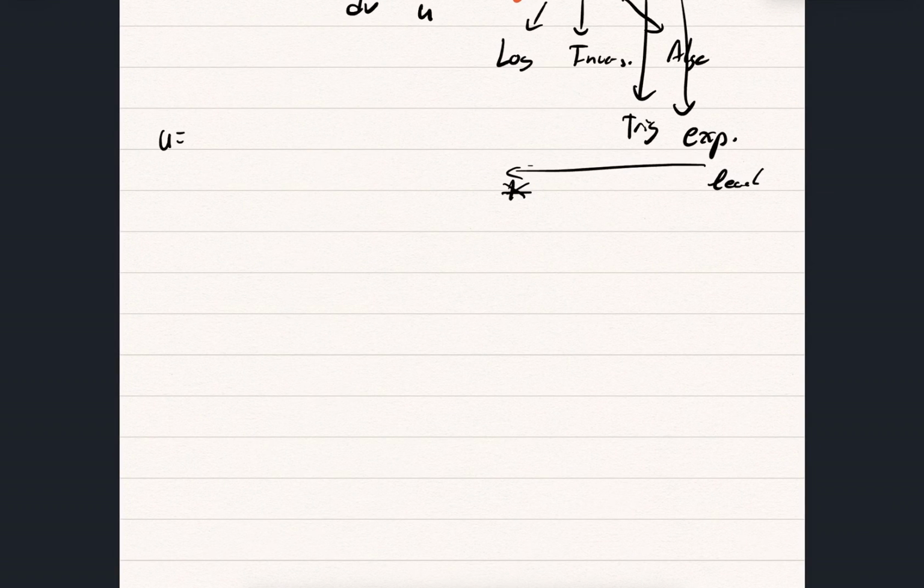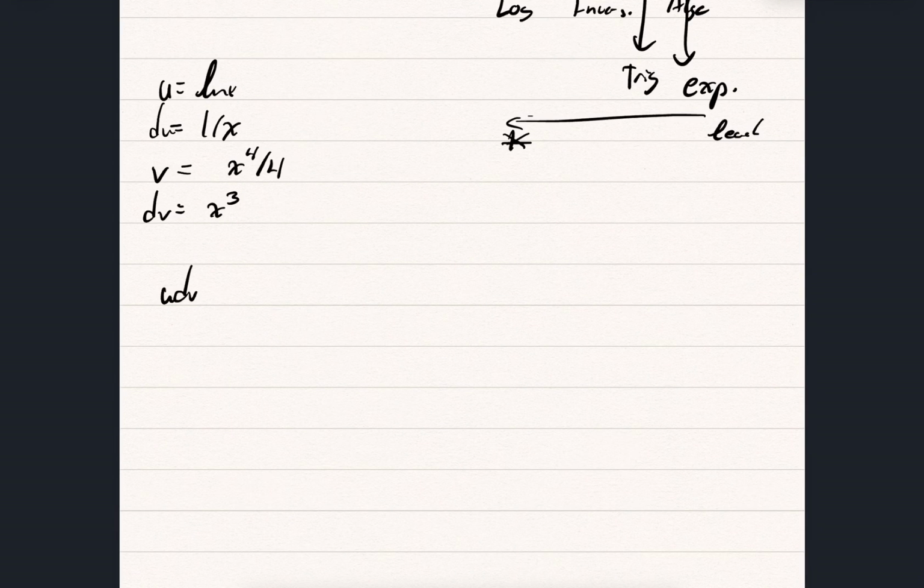So, if my u equals ln x, then my du equals 1 over x. And if my dv equals x to the 3, then my v equals x to the 4 over 4. And this is my integral of u dv equals my uv minus the integral of v du.